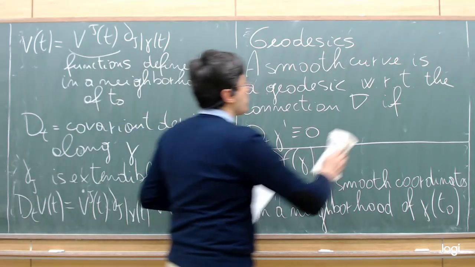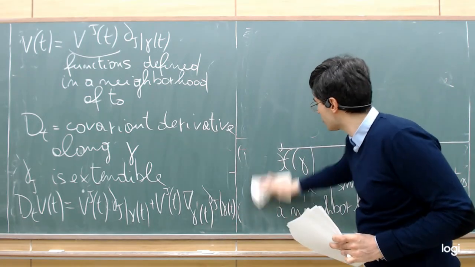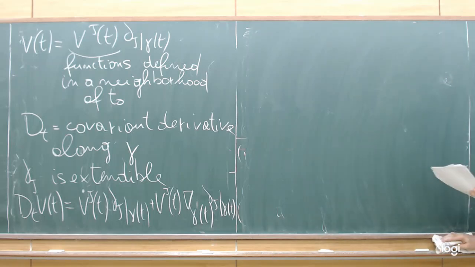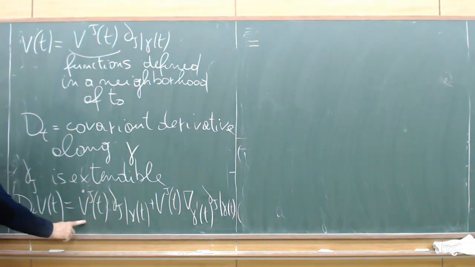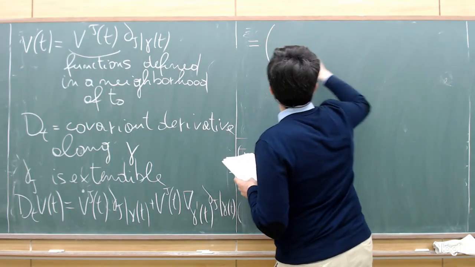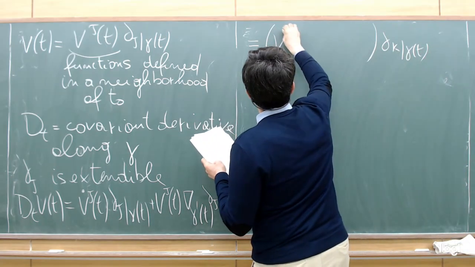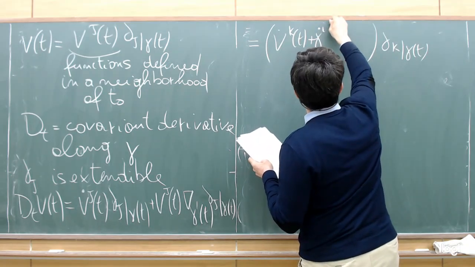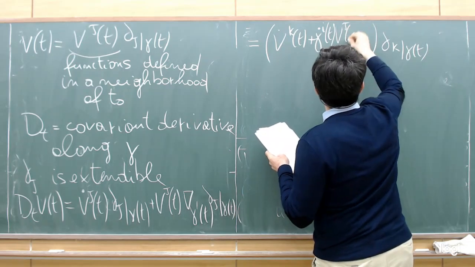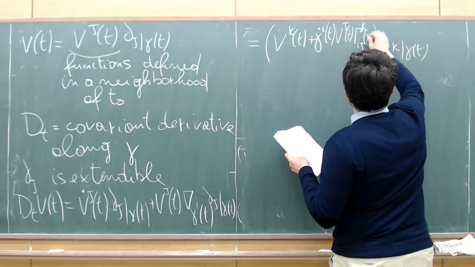And now we can expand this term, and after a change of index in the first summand, I will use k instead of j, I will get that this is equal to (V dot k(t) plus gamma dot i(t) V^j(t) Gamma^k_ij along gamma(t)) ∂_k.